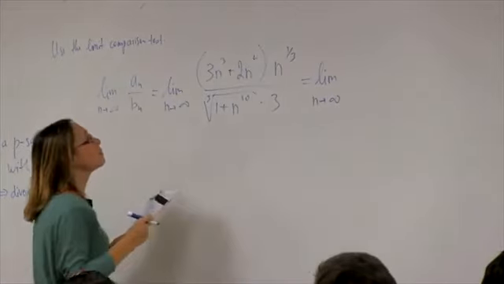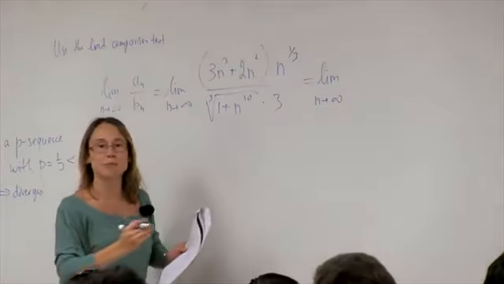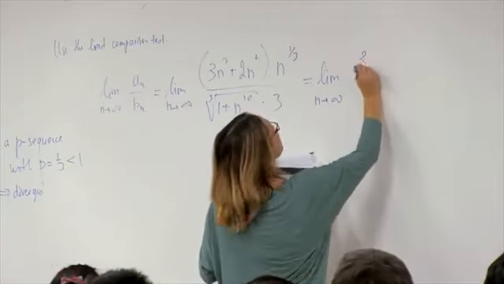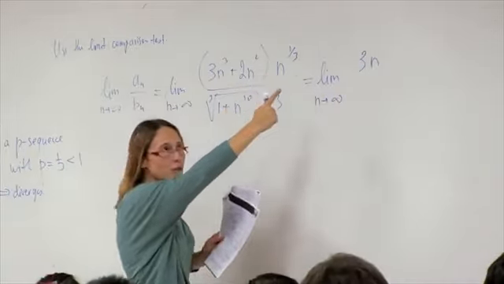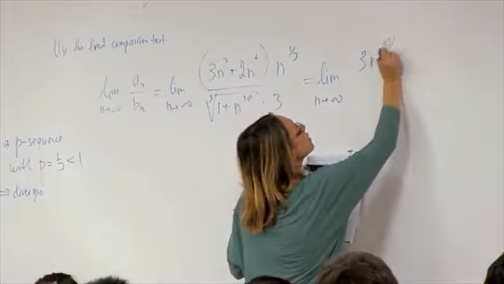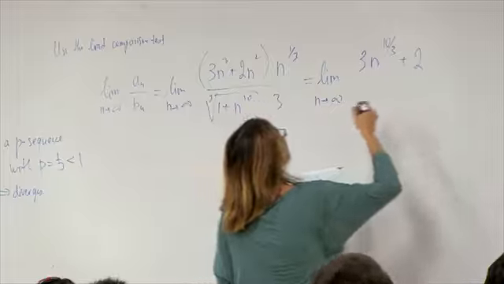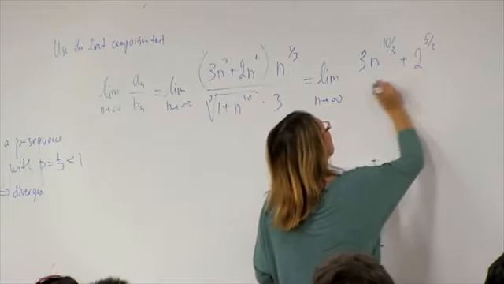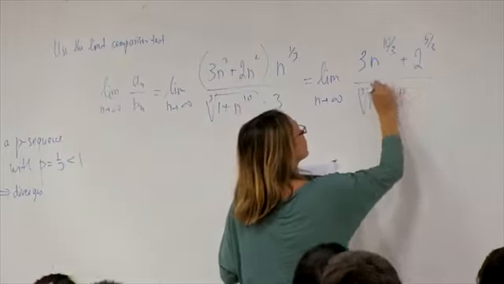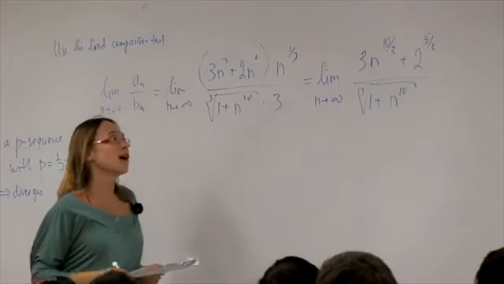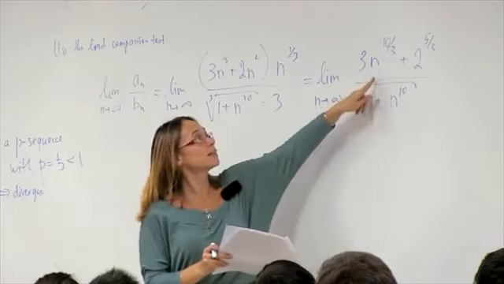First, I'm going to multiply through the numerator to simplify it. So I have 3. The total power of n in the first term is 3 plus 1/3, so this is 10/3. Plus 2, and I have 2 plus 1/3, that's 5/3. And the denominator remains the same. Now I'm in a better position because I can use the usual trick.